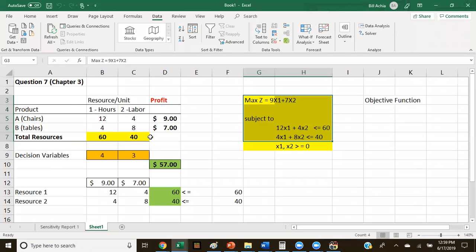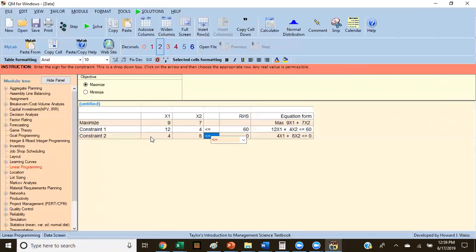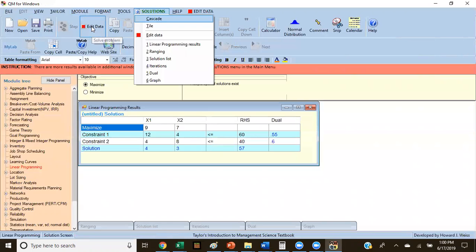Second constraint we have here is 4 and 8, less than or equals to 40. On QM, you don't have to add the non-negativity constraint. It's going to do it automatically. Just hit solve. And it'll give you a solution here, 57, as your optimal maximized profits.